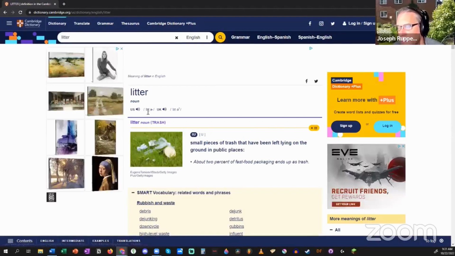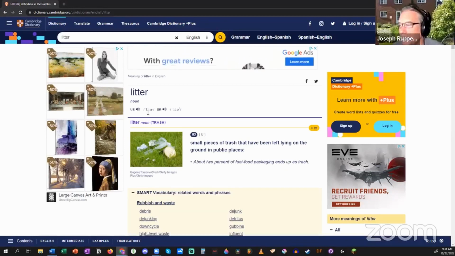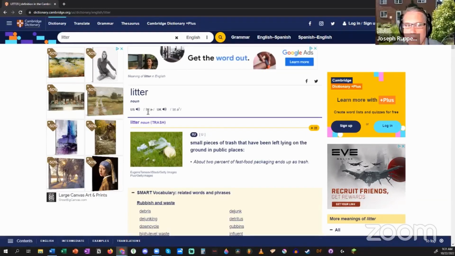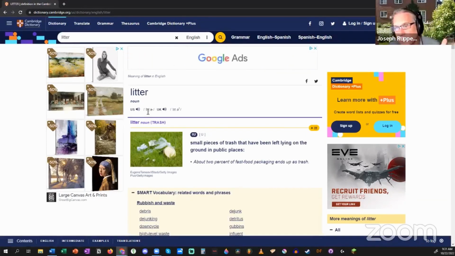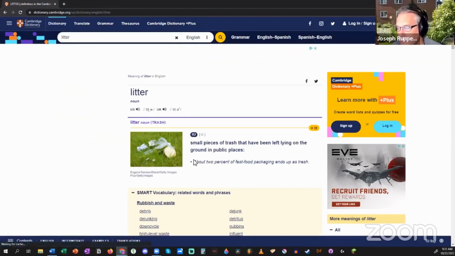The first definition is a noun, small pieces of trash that have been left lying on the ground in public places. I live across the street from a park, and there are signs that say no littering, people who litter will be fined. So that's garbage or trash. That is the noun.